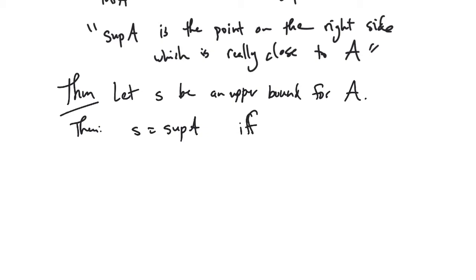Here's my business with the epsilons, all right? It's going to look a little crazy. Let me just write it first and we'll try to explain it. For all epsilon greater than 0, there exists some number A in the set A such that S minus epsilon is less than A.